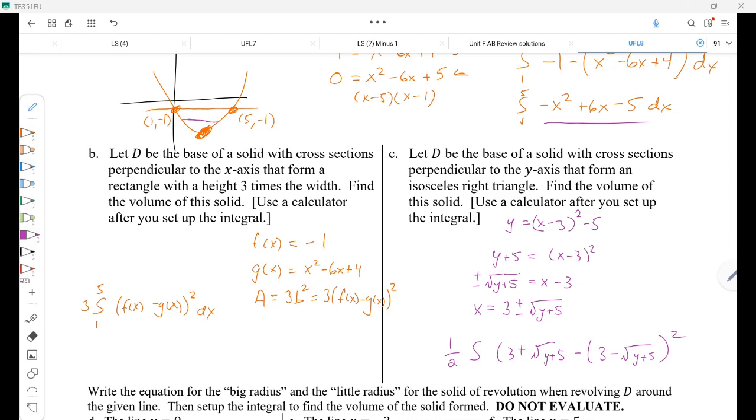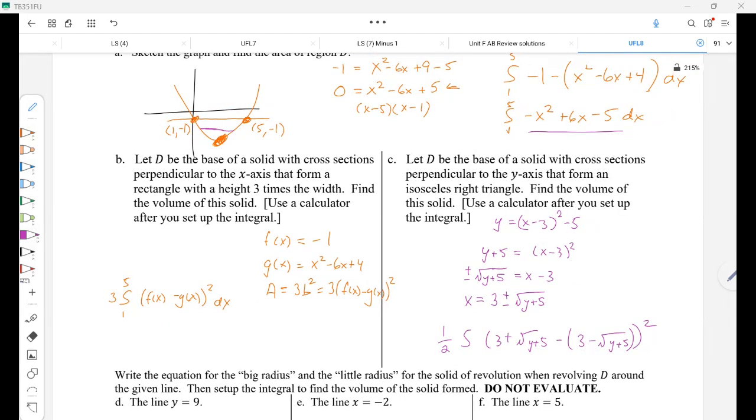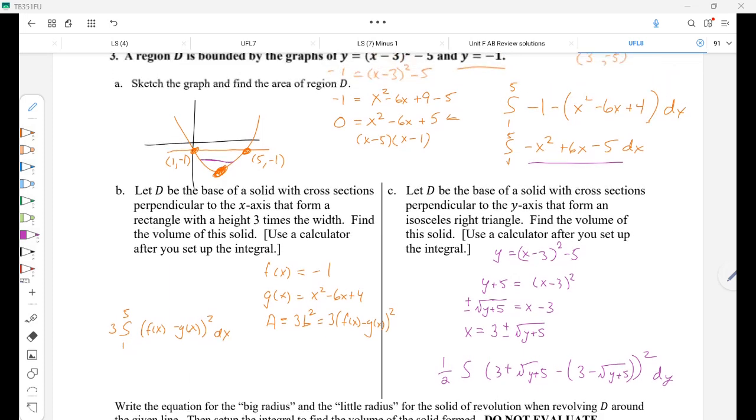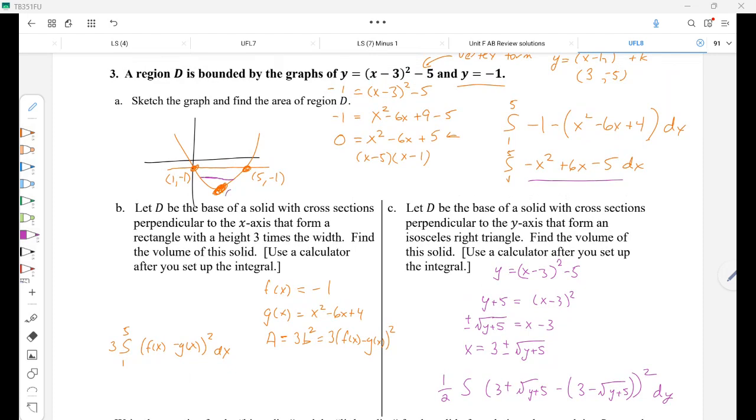So that's f of x minus g of x squared. And what are our bounds? I think so. Yep. Because this, we never labeled it, but this is the vertex, which is 3, -5. So we are going from the lowest y value to the highest y value, so -5 to -1.